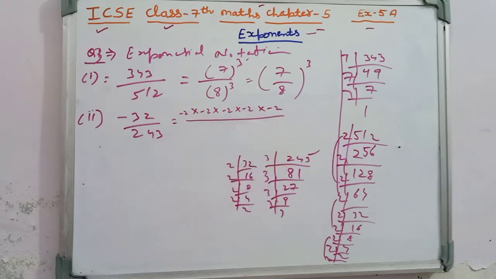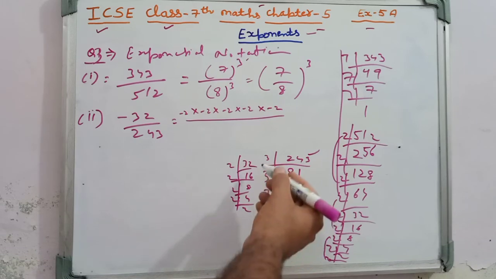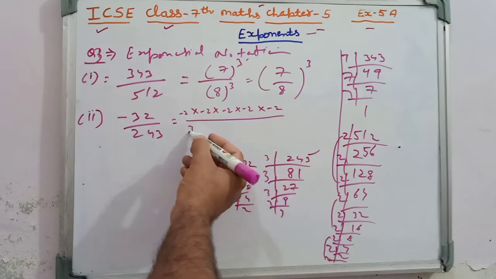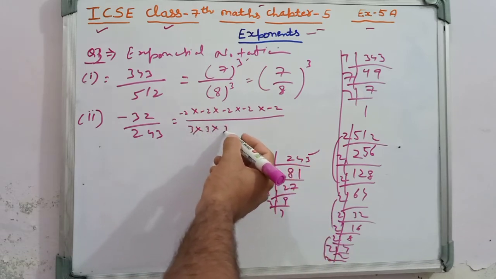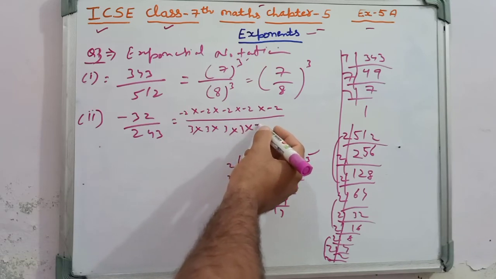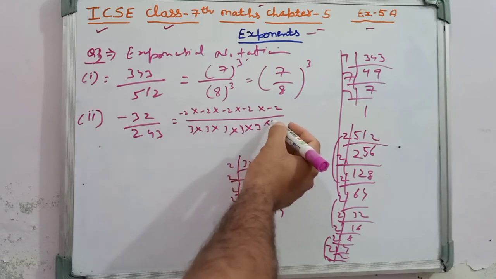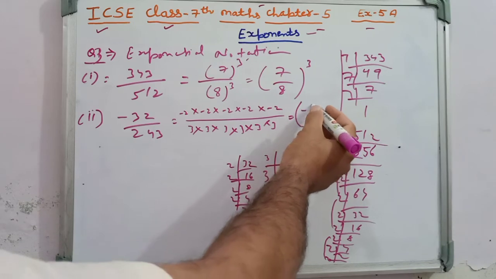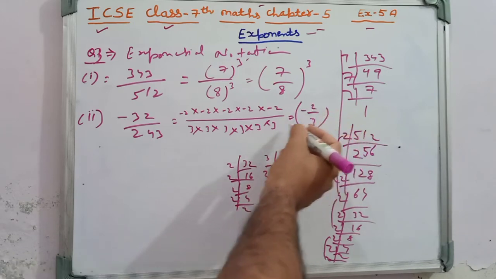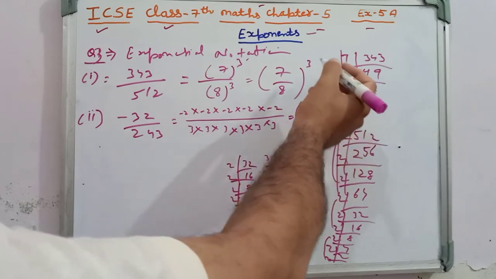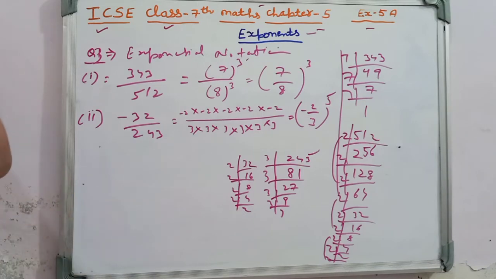So minus 2 upon 3, 5 times, we can write it as power 5.